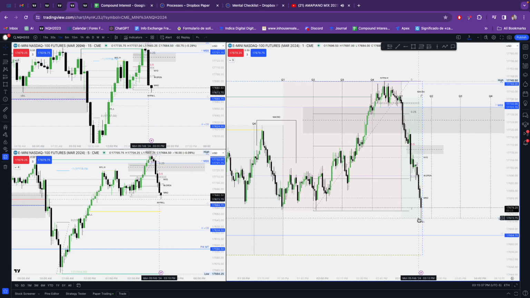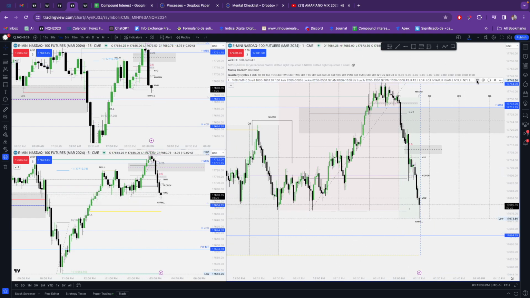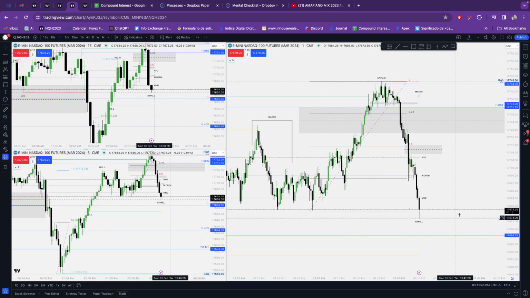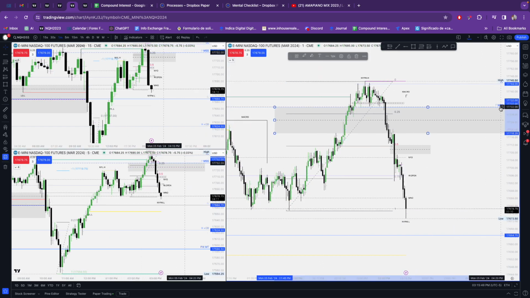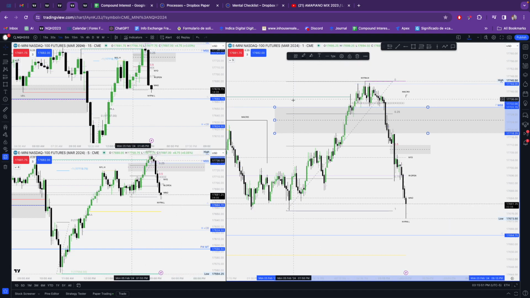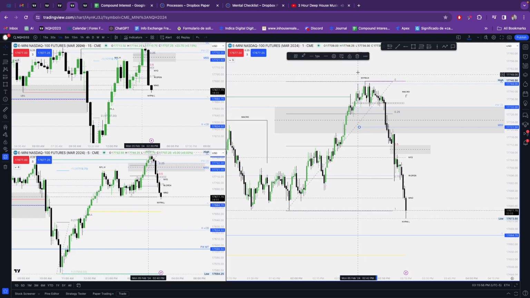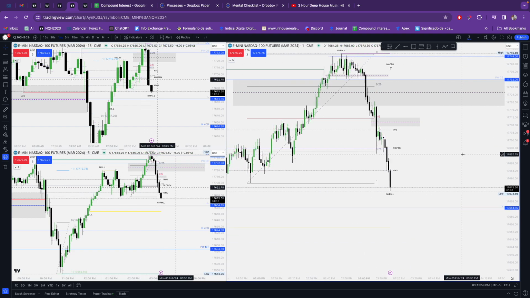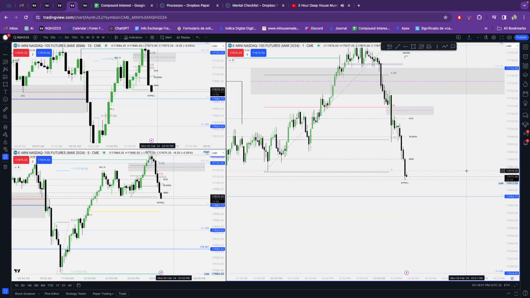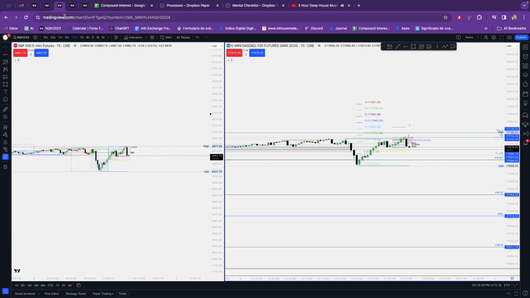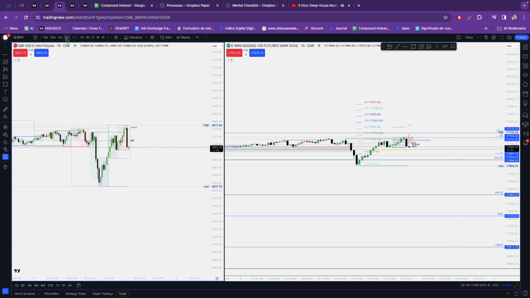You do have a draw on liquidity here. So I'm not looking to turtle soup this, which is we just buy as soon as we take out these lows down here. But we can come over here and take a look at what's going on.